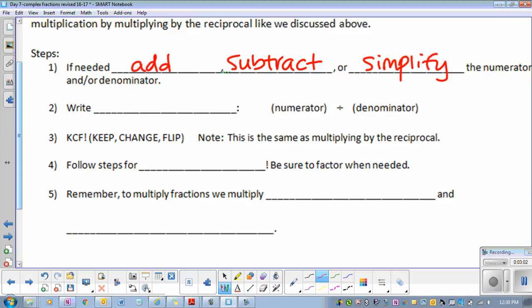Don't try to tackle the big picture all at once. Take it in pieces. Figure out the numerator, figure out the denominator. And then you're going to write it going sideways, so writing it horizontally. You're going to say numerator divided by the denominator. Actually, you're going to write it out the long way.